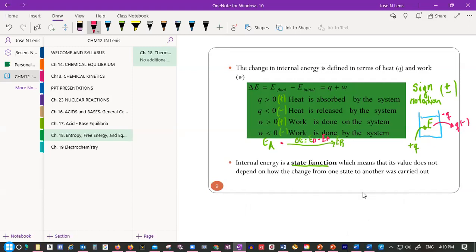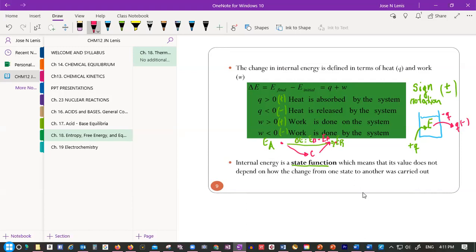You can go directly from A to B, or you can go from A to C and then B. Delta E for that process is the same as from A to B. One application of this concept is when you did the calculations for enthalpies of reactions and you apply Hess's law.